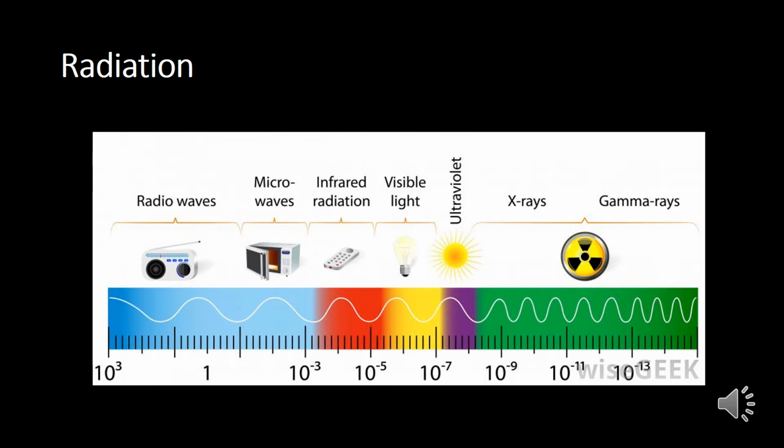Radio waves, microwaves, visible light, X-rays, gamma rays, these are all forms of radiation. And we use RF, X-rays, and gamma rays all in medical imaging. So any imaging modality that uses these is actually considered to have radiation.